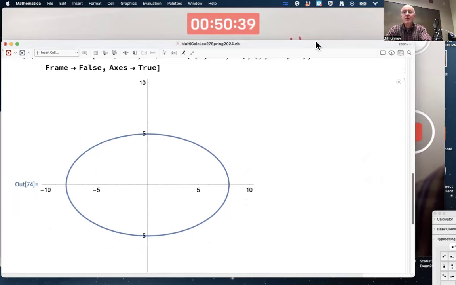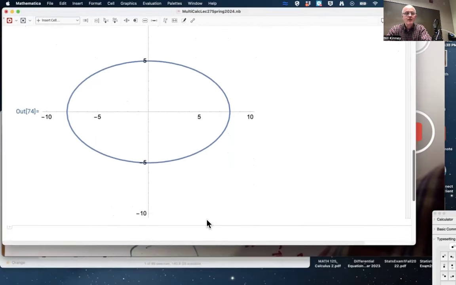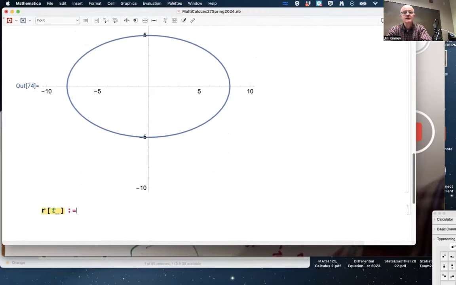But if instead we parameterize this ellipse using r of t equals 8 cos t for the first component and 5 sine t for the second, as t goes from 0 to 2 pi, that will parameterize that ellipse starting at the rightmost point and going around as t goes from 0 to 2 pi.